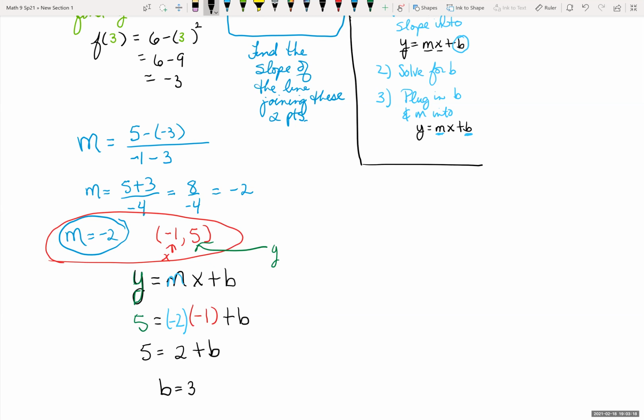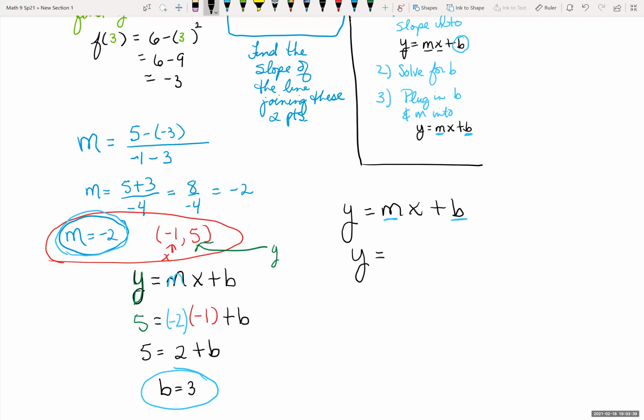So knowing that our b value is 3 and our slope is -2, we're going to go back into our equation, y equals mx plus b. We're going to plug in what our slope is, and we're going to plug in what our y-intercept is, and we'll have our equation of our line.